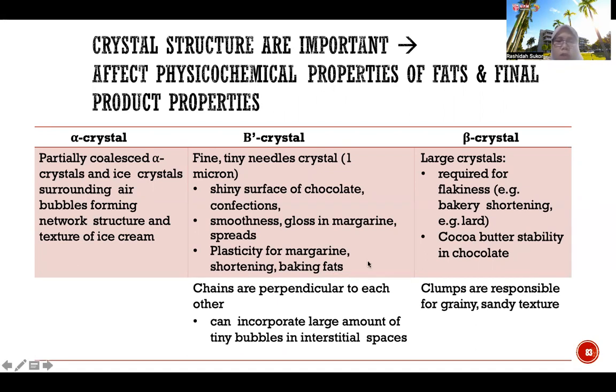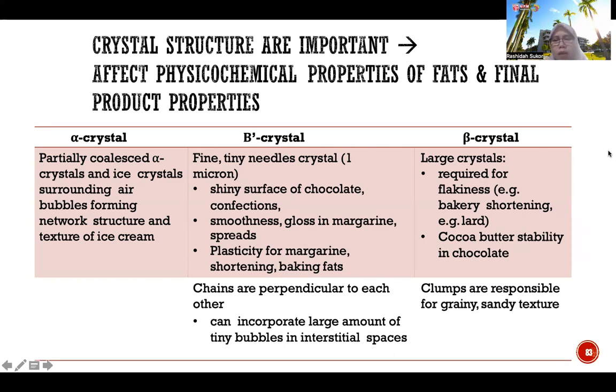Of course for margarine we want it to be more plasticized. The chains are perpendicular to each other, as we have seen in the structure. It can incorporate a large amount of tiny bubbles in the interstitial spaces. So there will be spaces when the crystals are packed, and it can incorporate air bubbles in there.